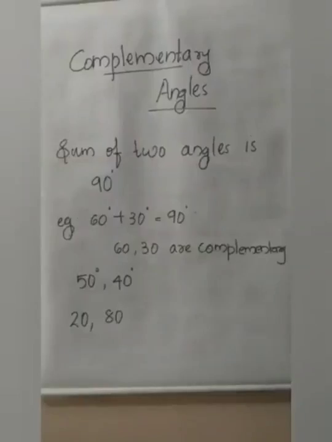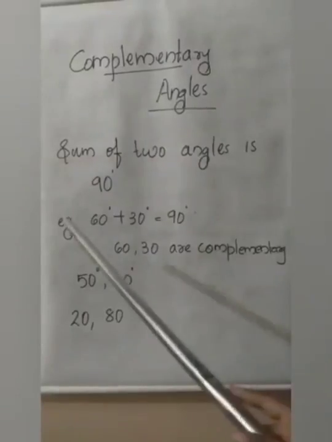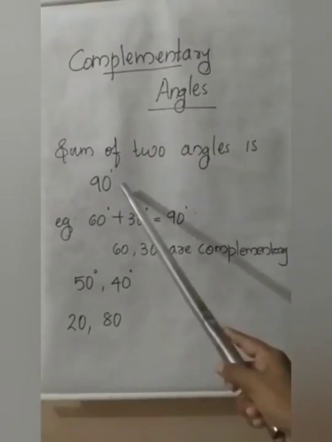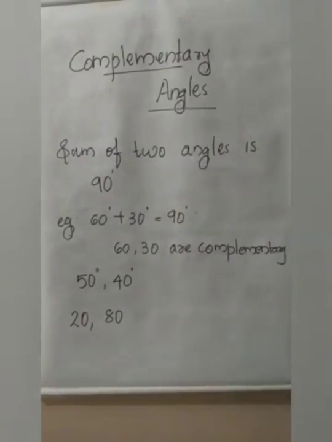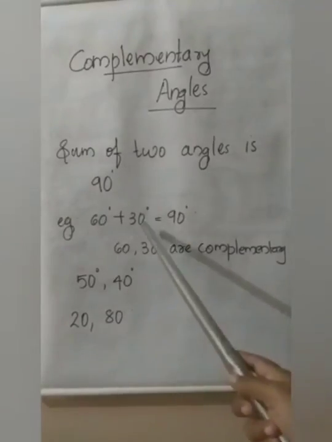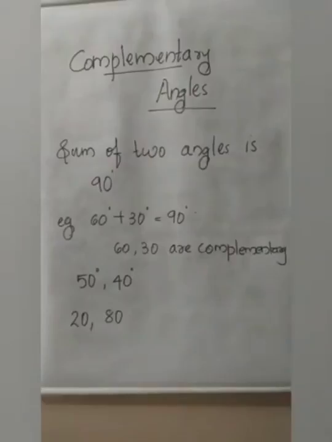When the sum of those two angles is 90 degree, we say that two angles are complementary. What are complementary angles? When the sum of the two angles is 90 degree, we say that they are complementary angles. So for example, take 60 degree and 30 degree.